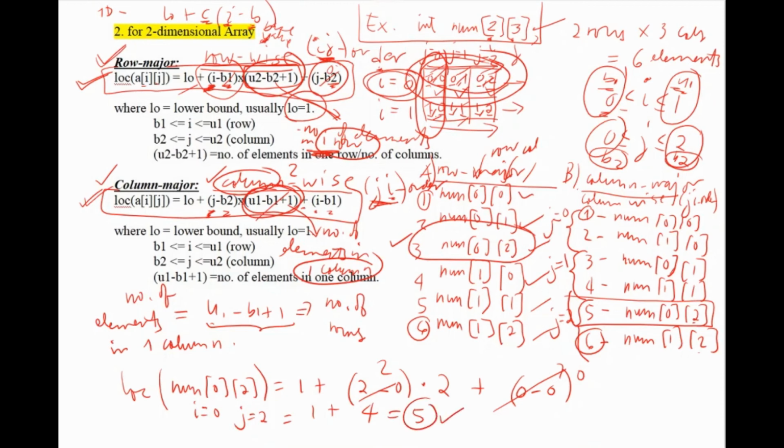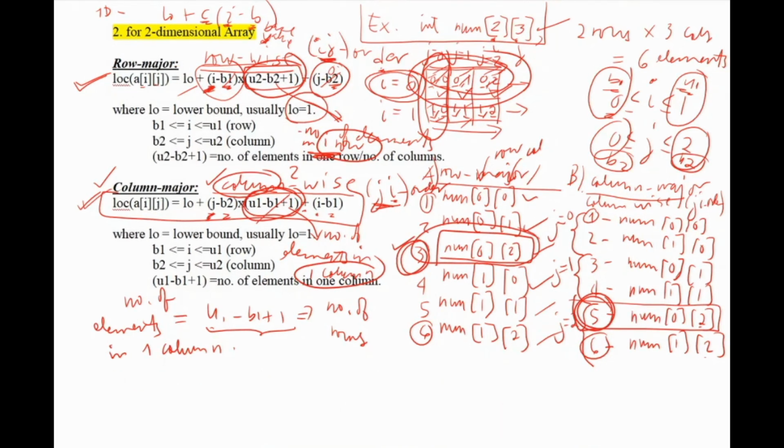Okay, so we have a consistent result. So this is located at the 5th position. Num02 for the column major is located at the 5th position in the structure, while for row major order, the same element is located on the 3rd position.